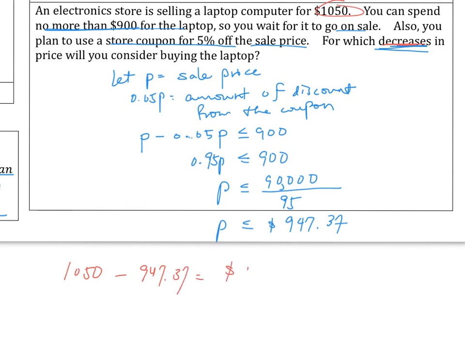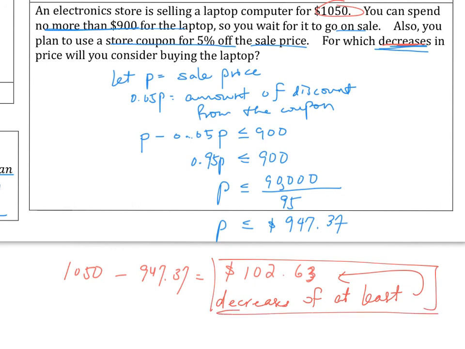So I would get $102.63. So this would be decreases of at least $102.63. And this concludes the lesson.